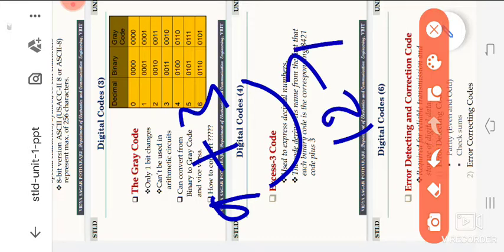This 12 is then converted using the 8421 code. Adding 3 to each digit and then converting using 8421 is the XS3 code.